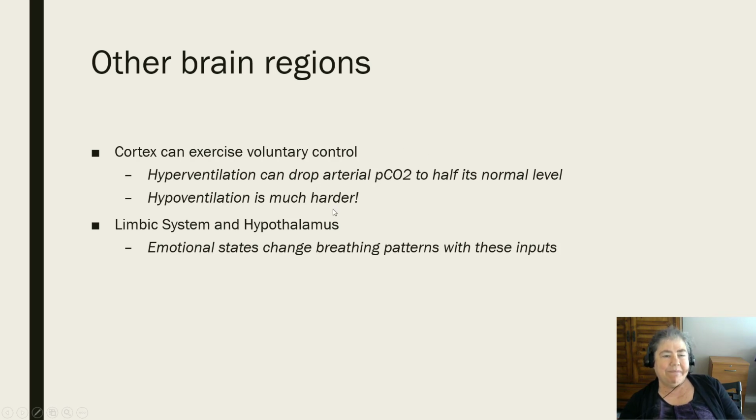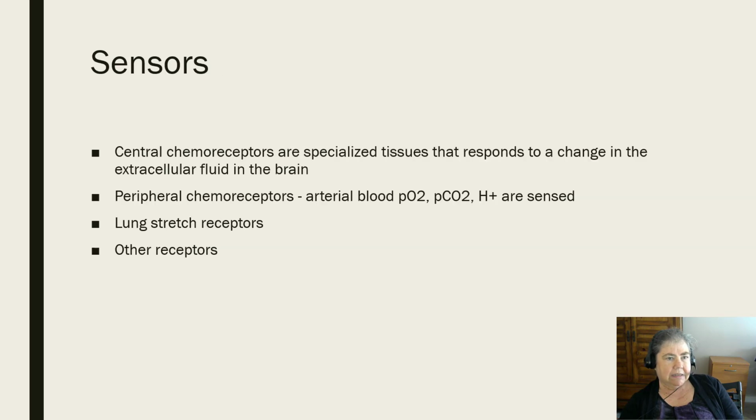Trying to stop breathing doesn't work nearly as well. Things are triggered that make you breathe. The hypothalamus, as I said, responds to things like emotional changes in pain, and so does the limbic system. So when we get terribly upset, our breathing can be quite affected by that. When we're hurting, our breathing is affected.